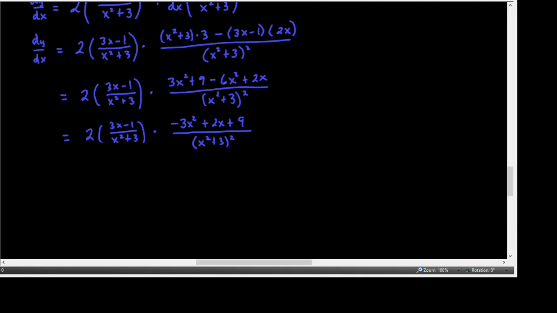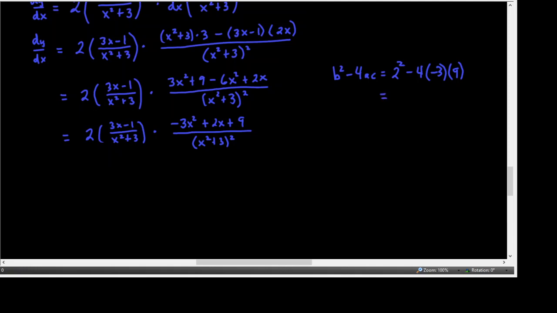And if you remember the discriminant test I showed you before, b squared minus 4ac is 2 squared minus 4 times a, which is negative 3, times c, which is 9.